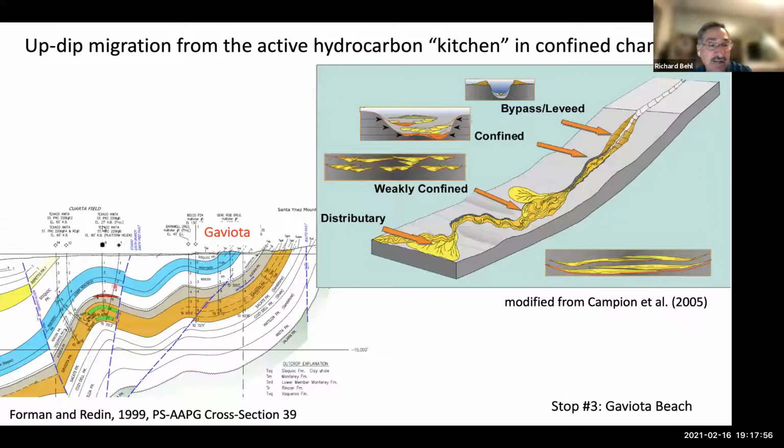We see some known hydrocarbon reserves right offshore here, but we have these beds dipping on up. And so we have a migration pathway. But the migration in this upper part of the Monterey is not through the Monterey because the rocks are not particularly brittle or fractured, except through these channelized deposits, these slope gully deposits.